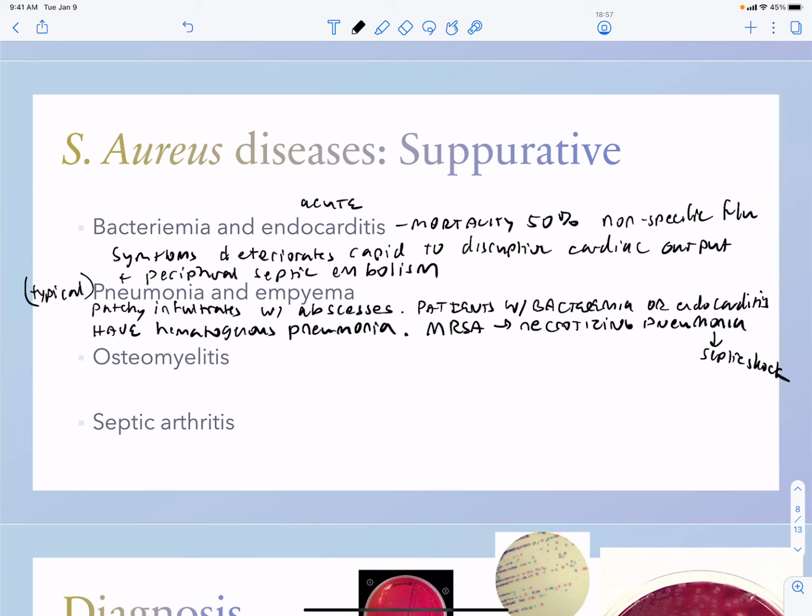Empyema is going to be in about 10% of the patients with pneumonia. And basically, this is simply pus that's building up between the cavity of the lung and the membrane that surrounds the lung.